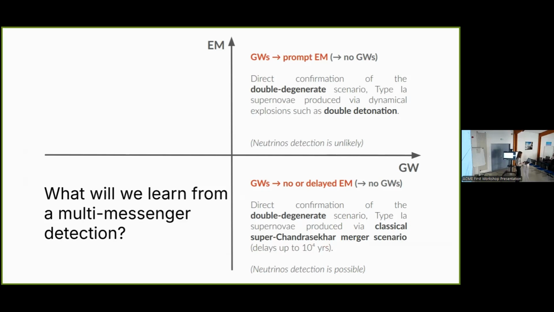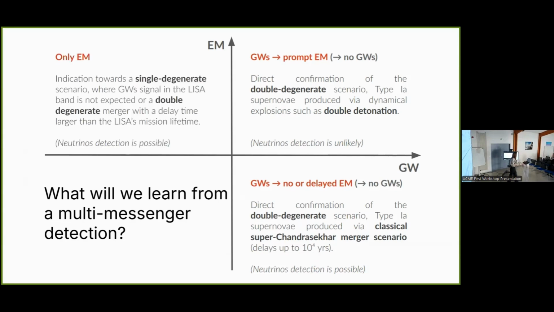So we may just not see it. And in these cases, actually, the densities and the temperatures in the white dwarf are high enough to produce significant neutrinos. So we may have some association there.